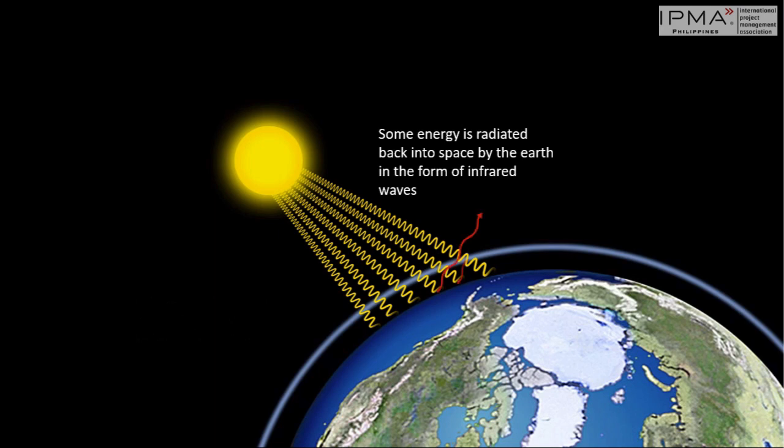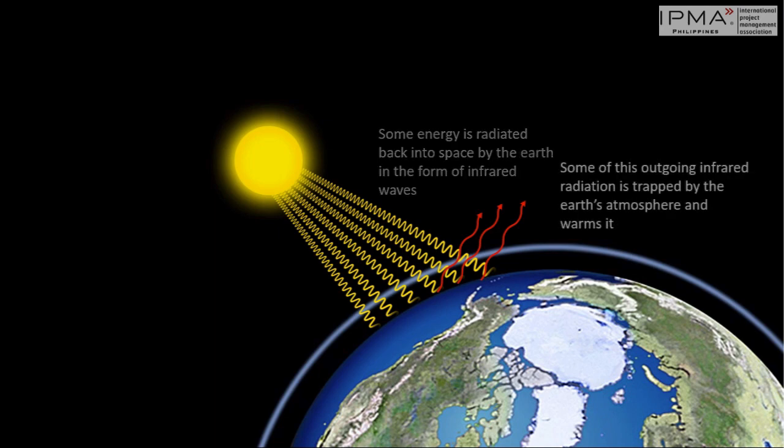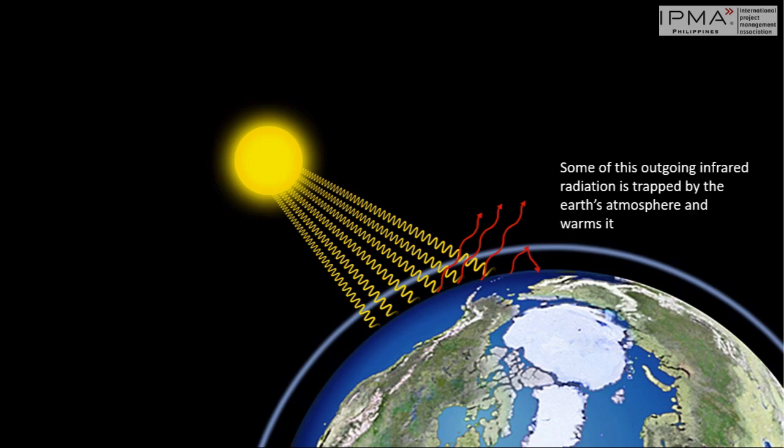Then some of this energy is radiated back into space by Earth in the form of infrared waves. Some of this outgoing infrared radiation is trapped by the Earth's atmosphere, and this trapped infrared radiation is again necessary for us to survive.